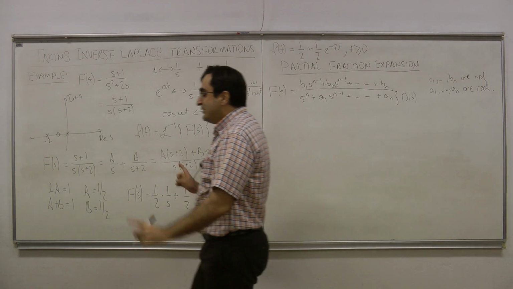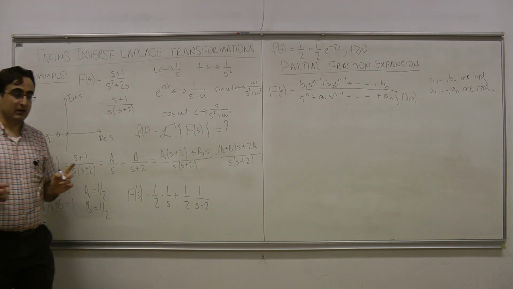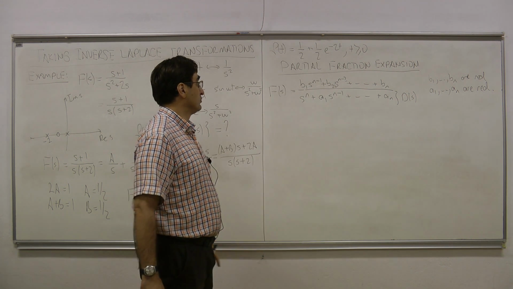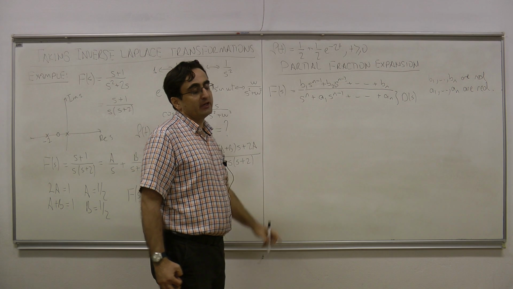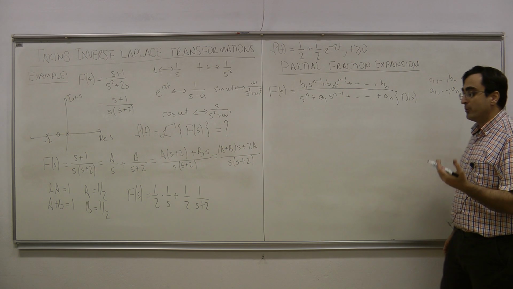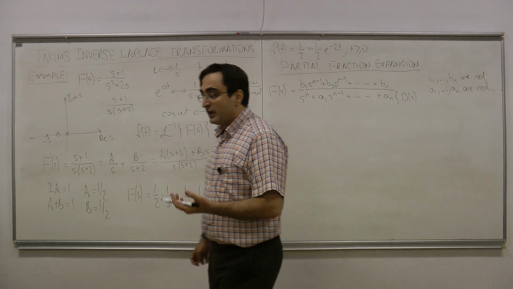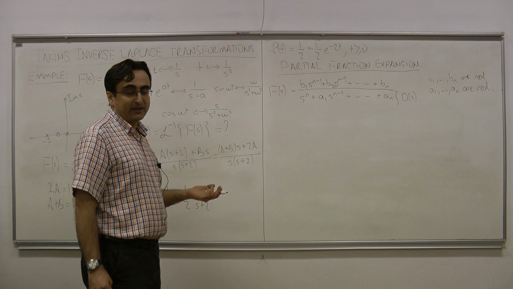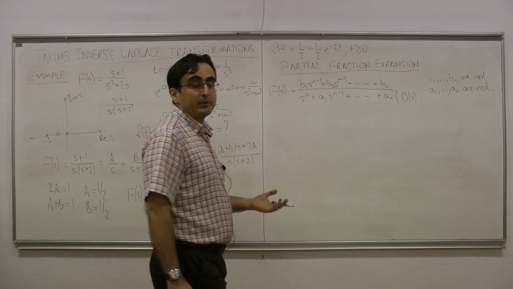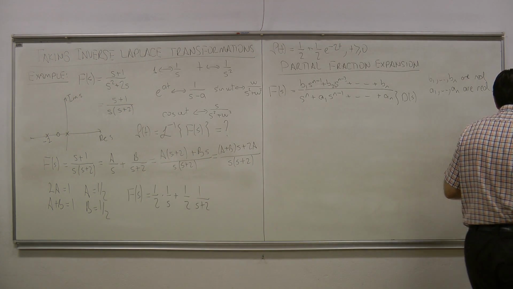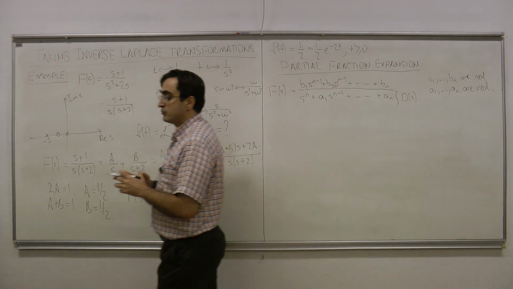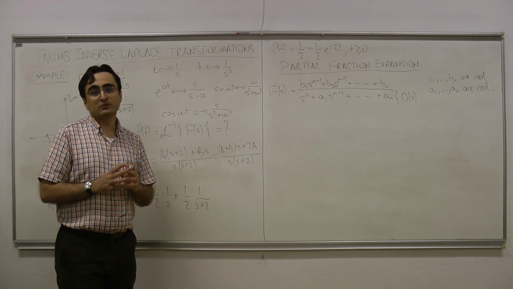When you have a polynomial with real coefficients, like we do here, so both the numerator and the denominator are real coefficient polynomials, then those polynomials have a very specific property. If such a polynomial has a complex root, then the complex conjugate of that root is also going to be a root. So for a real coefficient polynomial, the complex roots always come in complex conjugates.